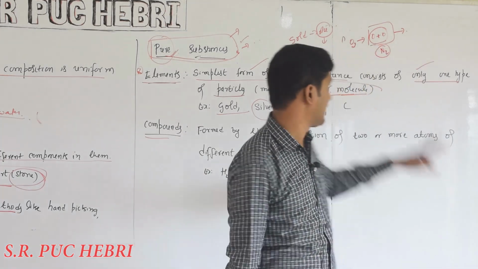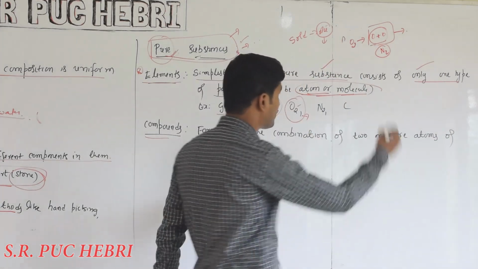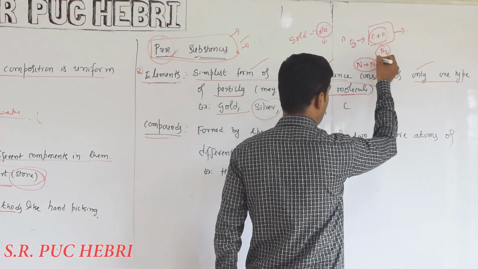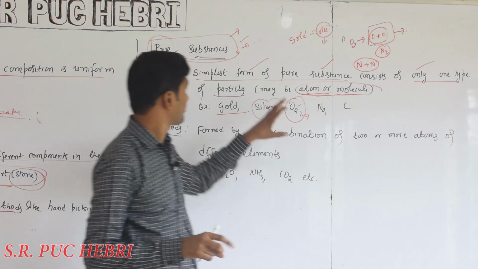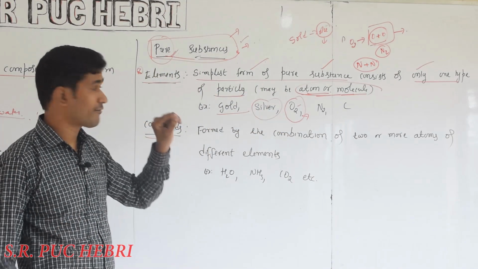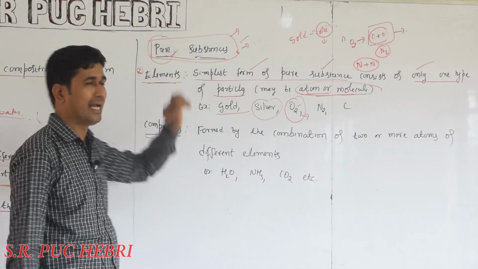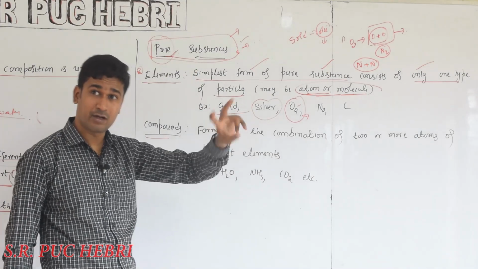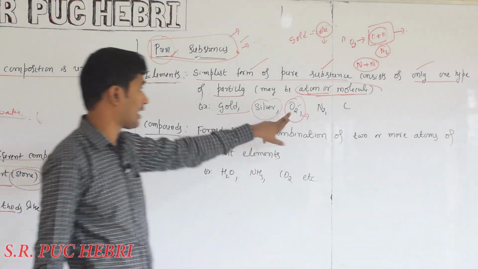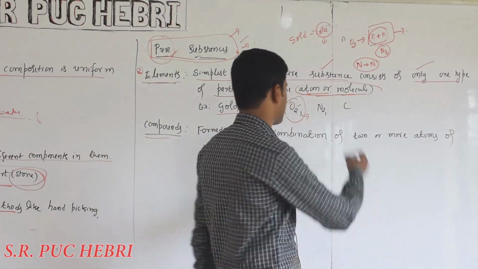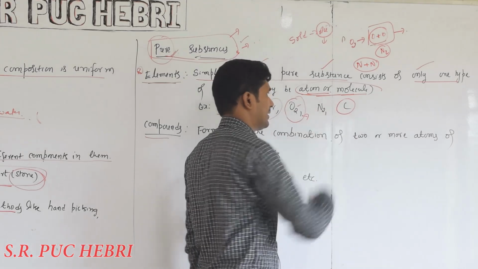Here also it's an element, because in N2 two atoms of nitrogen combine. Remember, when two atoms of the same element combine to form a molecule, it again forms an element, not a compound. Next, carbon is also an example of an element.